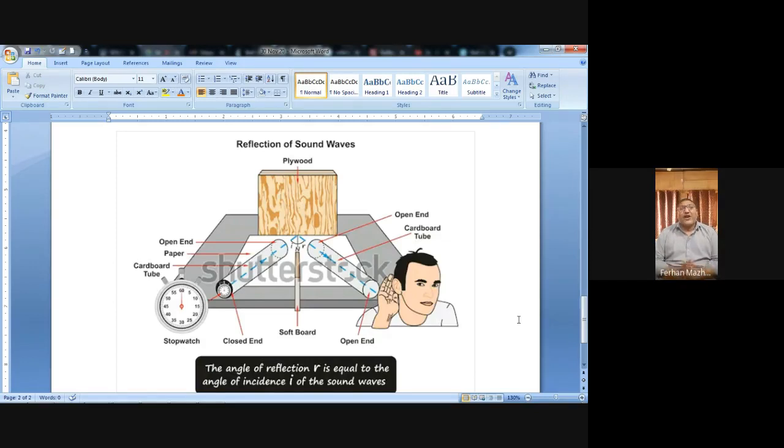Light always obeys two laws, and one very important law is that the angle of incidence and the angle of reflection are always equal. So light is also a transverse wave, and it is reflected.